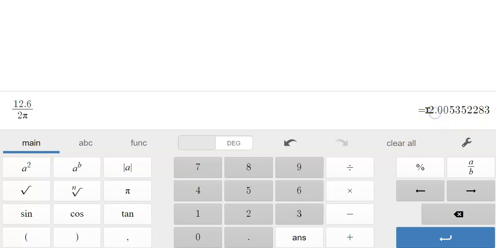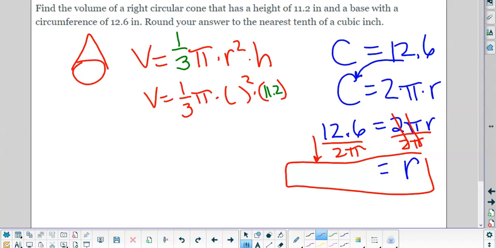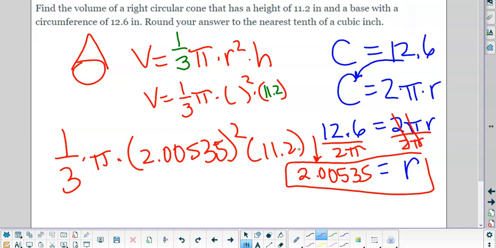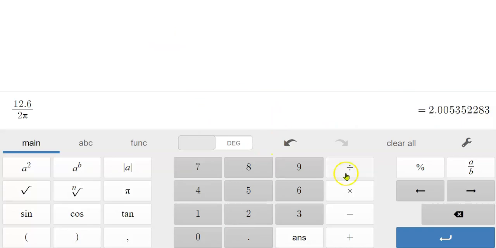I don't want you to round in the middle of your problem and then round at the end of your problem. So 2.00535. That's what we're going to write for our formula. 2.00535 squared times 11.2. So we got to type that whole thing into our calculator. So let's go get started on that.